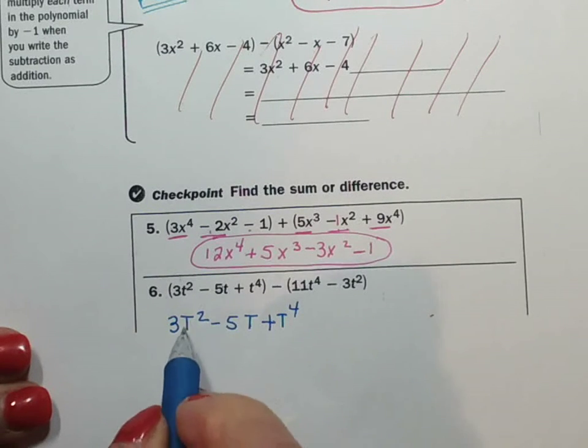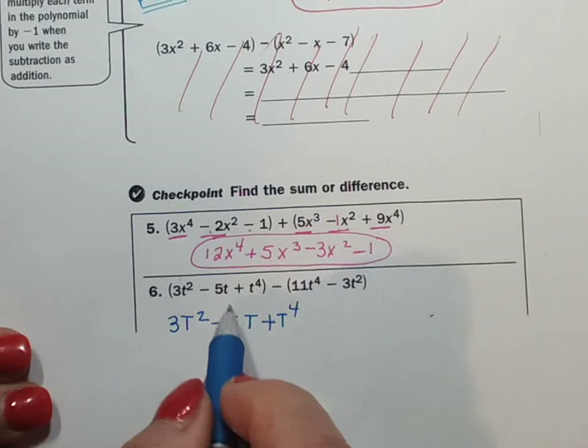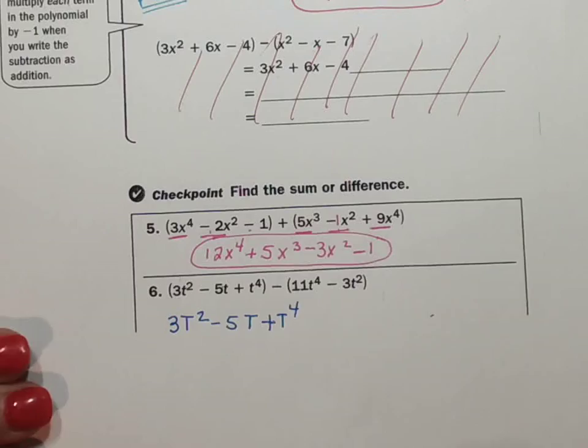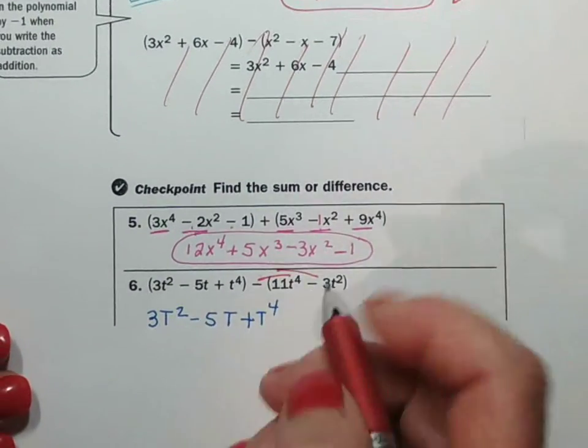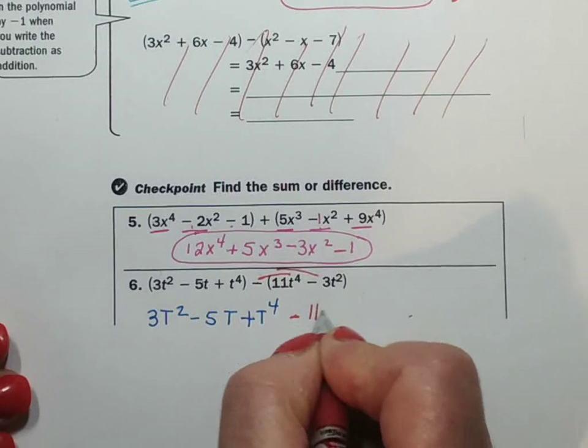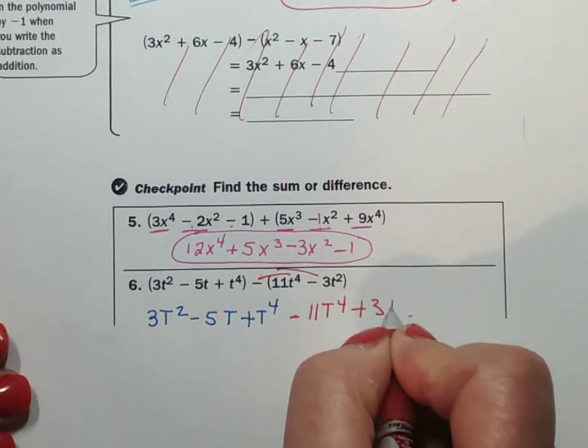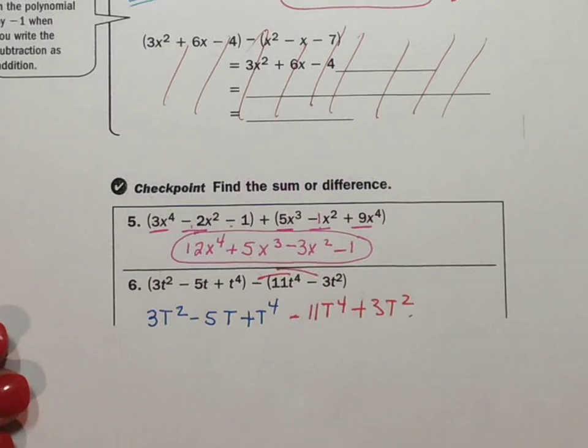So 3t squared minus 5t plus t to the 4th. I'm going to distribute negative 1. So this is going to be minus 11t to the 4th plus 3t squared.